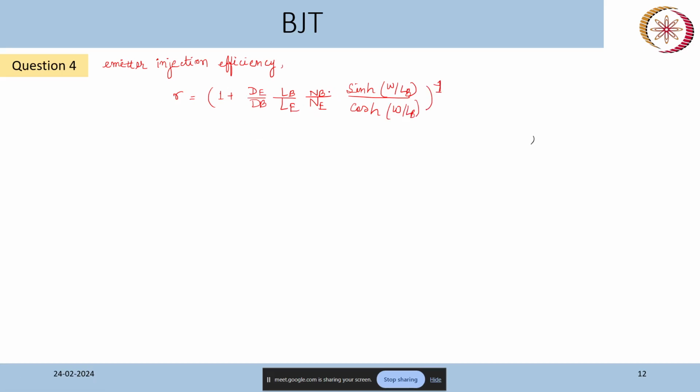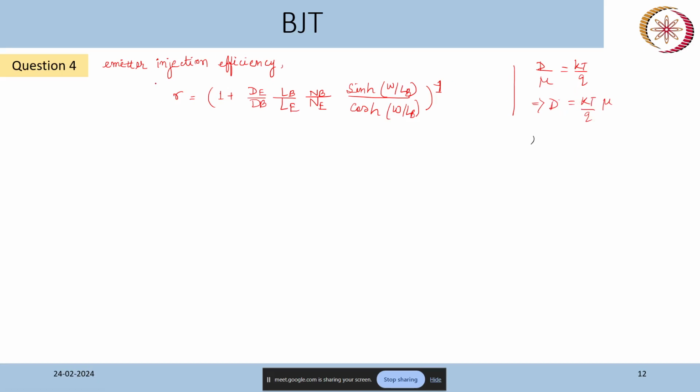Now we have all the other parameters here, but we don't have dE and dB. For that we will use the Einstein relation, diffusion coefficient by mobility is equal to kT by q. Mobilities are given, so we can get the diffusion coefficient as kT by q into mu.